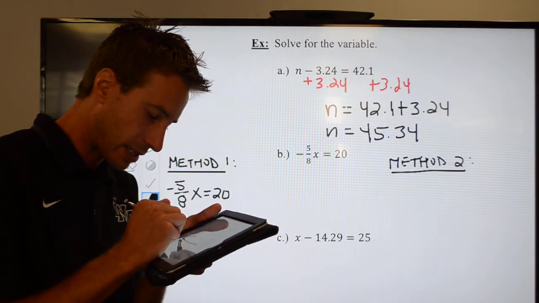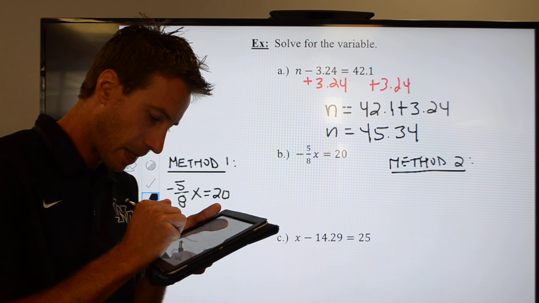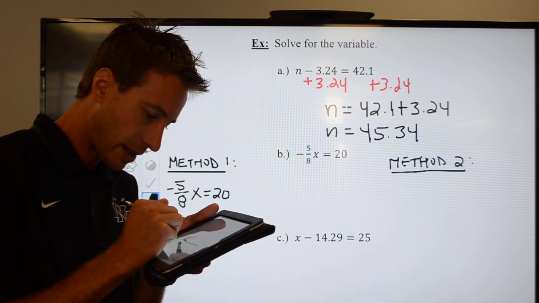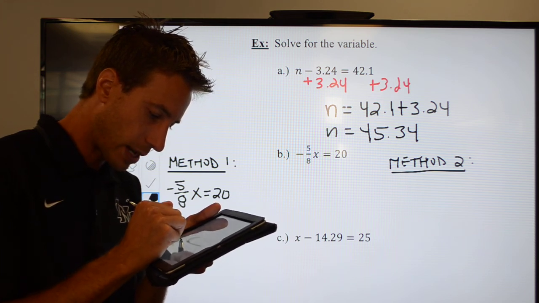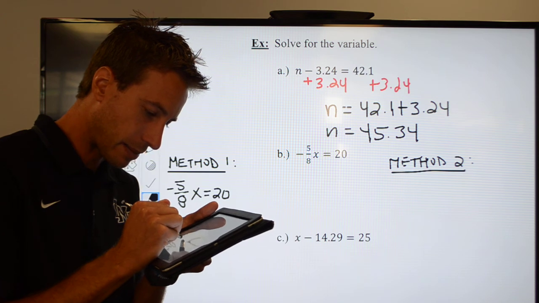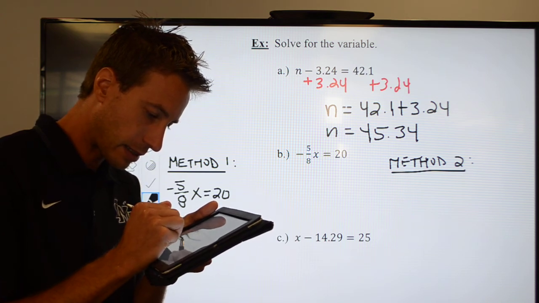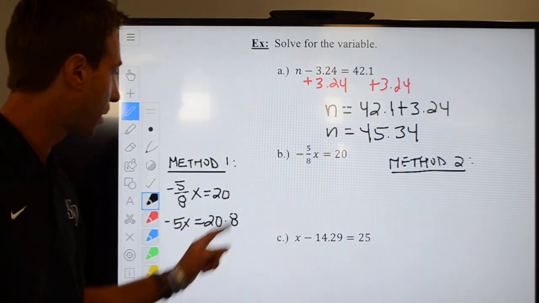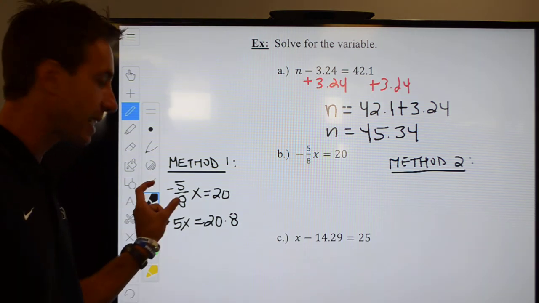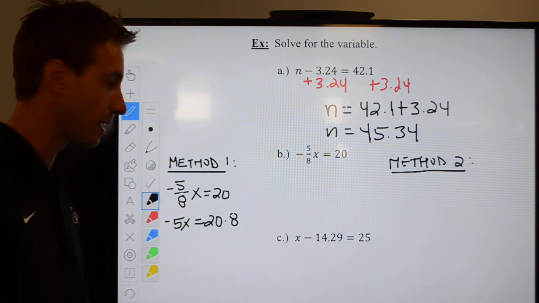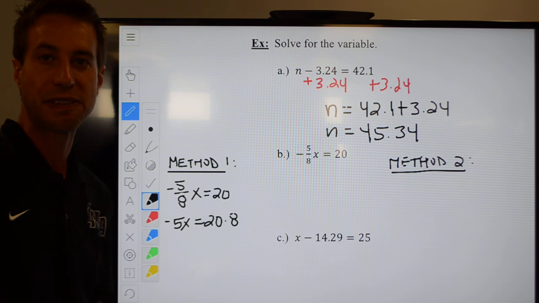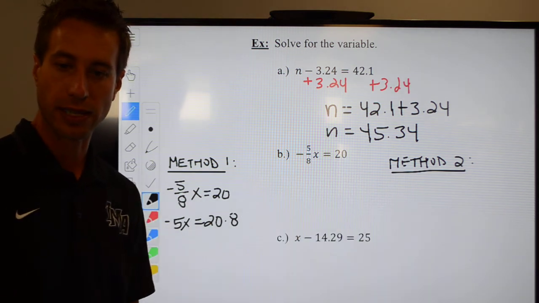I would have negative 5x is equal to 20 times 8. Right, I've multiplied an 8 to both sides. The 8s have canceled on this side of the equal sign, moving effectively the 8 over to the other side.